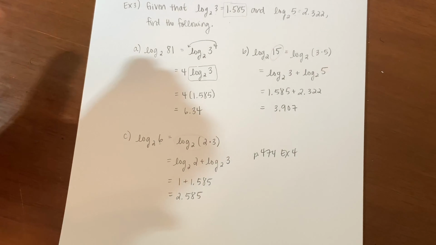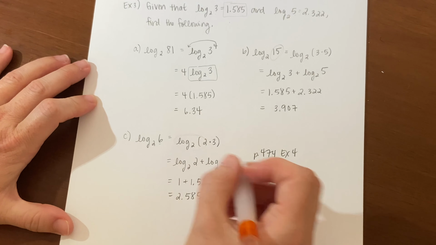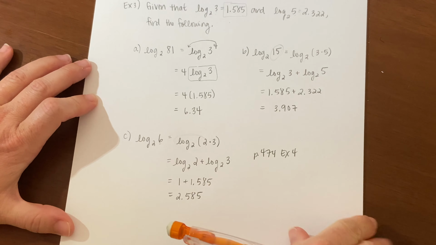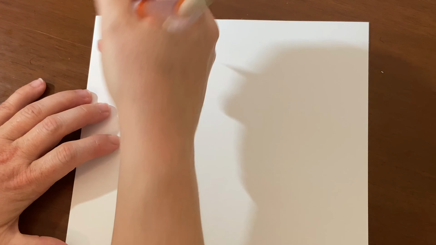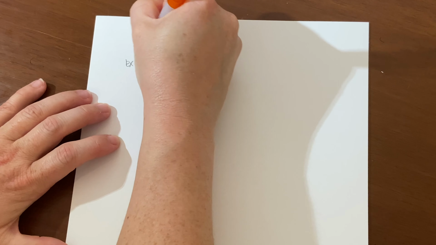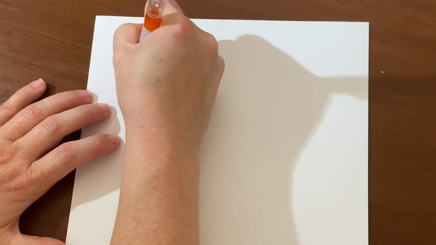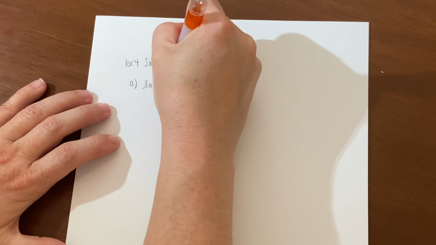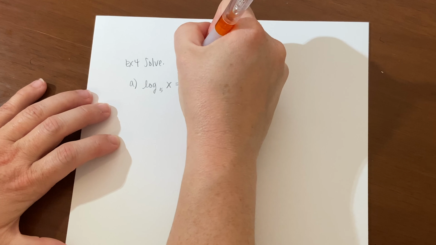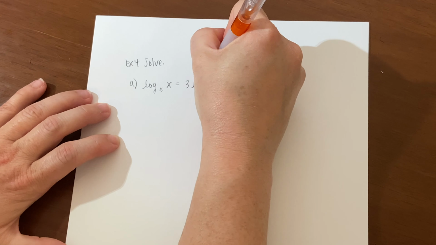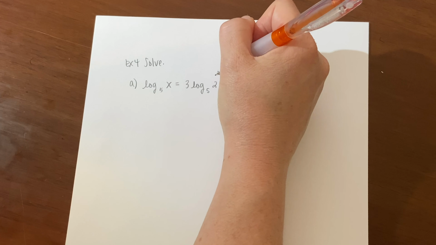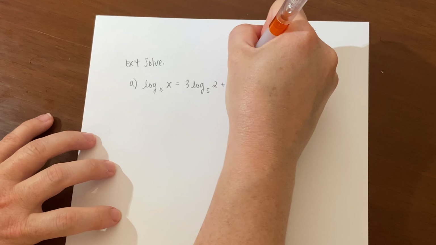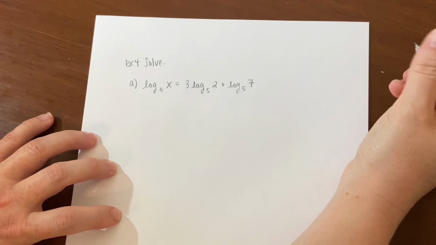All right, so let's do a couple of these. We're going to solve, let me get a new piece of paper. All right, here we go. Log base 5 of x equals 3 log base 5 of 2 plus log base 5 of 7.